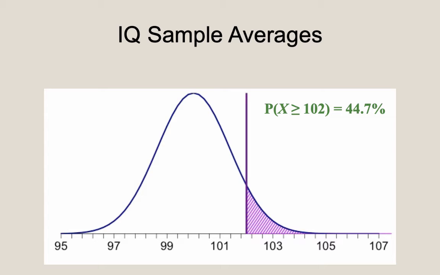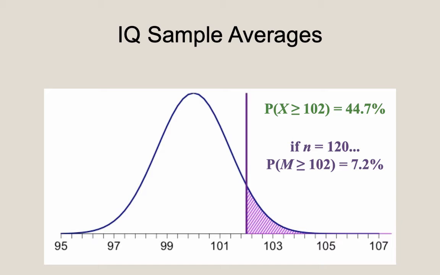From an earlier calculation, you may recall that the probability of obtaining an IQ score of 102 or greater is 44.7%. This is the probability of randomly selecting one individual and having their IQ score be 102 or greater. However, if we have a sample size of n equals 120, the probability of getting a mean greater than or equal to 102 is 7.2%.